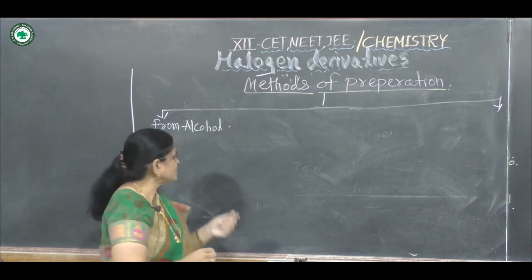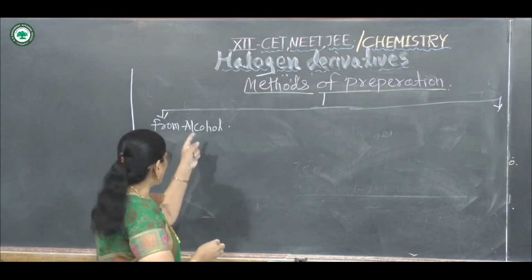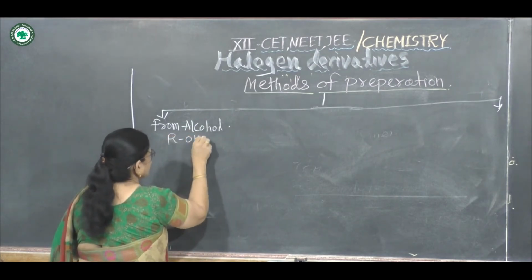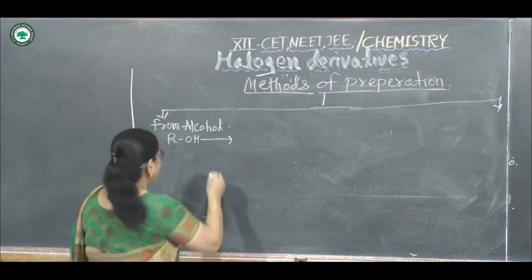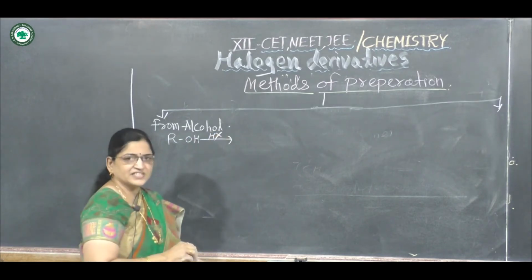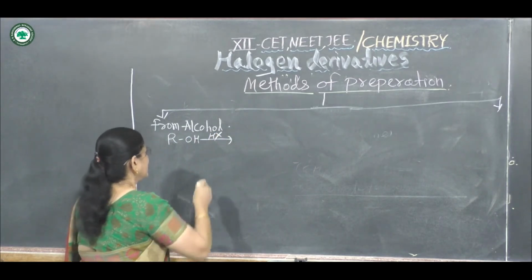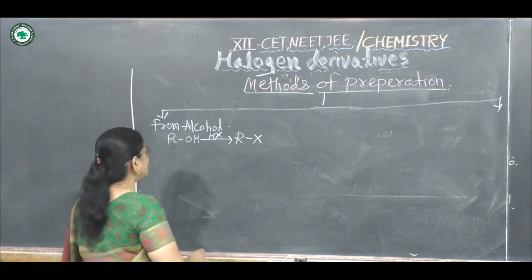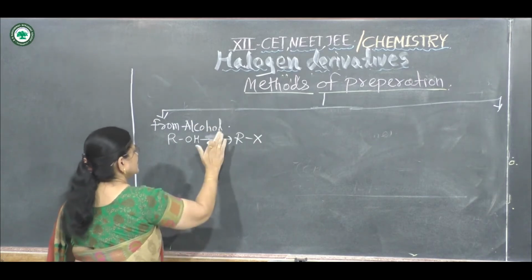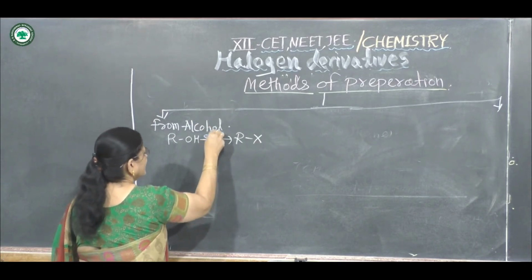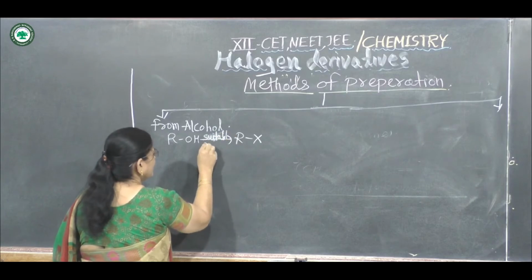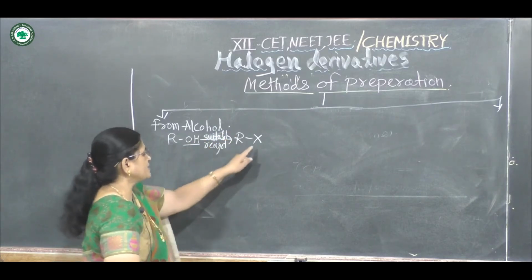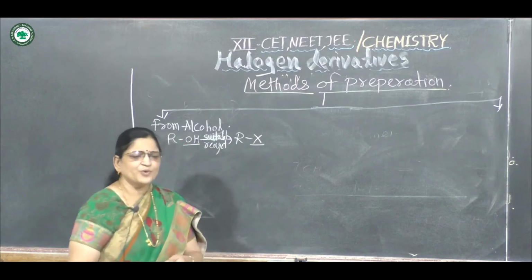In this preparation from alcohol, suppose ROH, this OH group, if this ROH reacts with HX, that is hydrogen halides, or any suitable reagent, then the OH group gets replaced by a halogen atom and it forms RX.